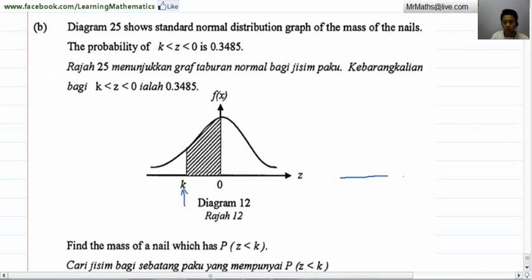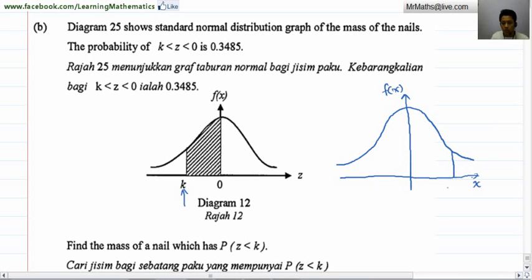Okay, this is your normal distribution graph, and this is your f(x). We somehow need to find something here, which is probably minus k. We need to look for minus k.